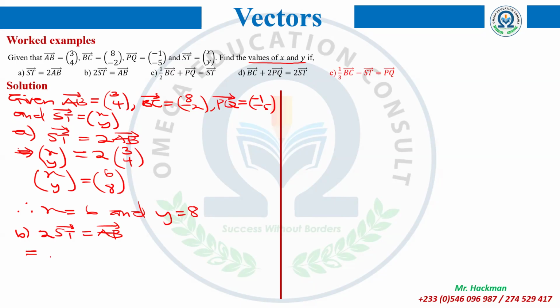No, please, you start with implication. Now you know, so take note of that. So this implies that the vector 2ST, what is ST? ST would be (x, y), and that should be equal to the vector AB, and AB is our (3, 4).